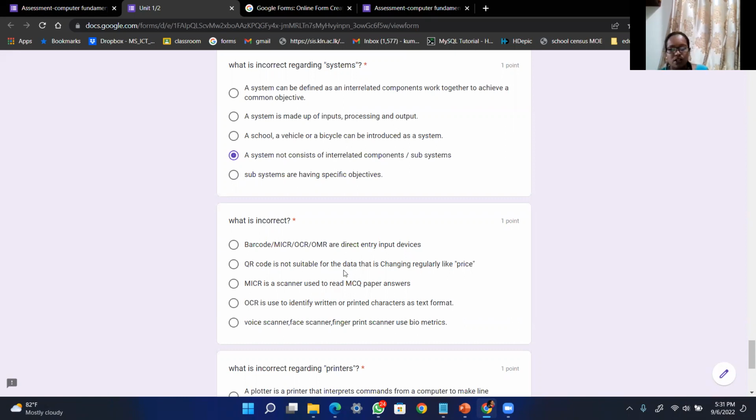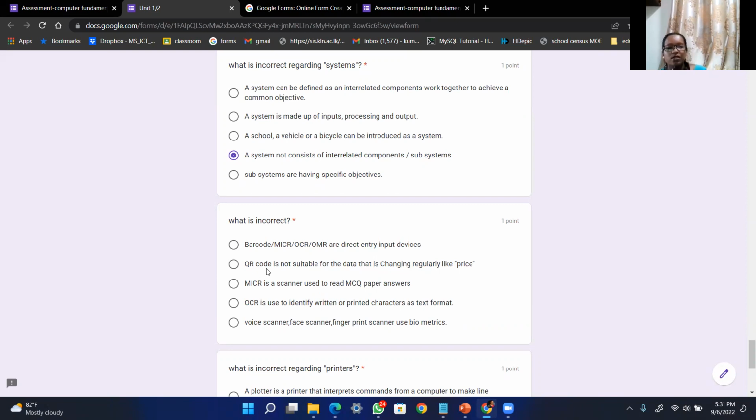QR is not suitable for data that changes regularly, like price. What about that? Is a QR code suitable for frequently changing things? That means, in order to store frequently changing information, can we use a QR code? Like price: no. Nowadays in Sri Lanka, prices change hugely, so to store data like price we can't use QR codes.